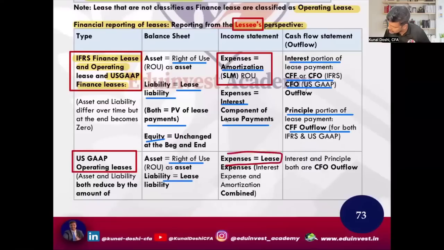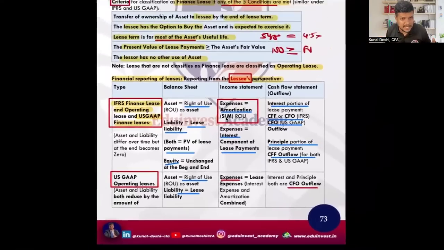So the expense, which is equal to lease expense, here both are not recorded separately like the finance lease. Here, what happens? The expense is the net lease, the amount of lease that you pay. That entire lease is put into the income statement, and the entire lease is considered as CFO, an operating outflow. It's not separated. Understood? So this is simpler, US GAAP operating.